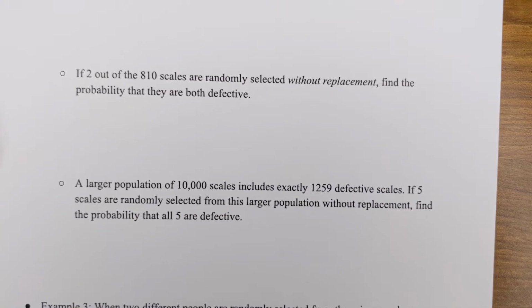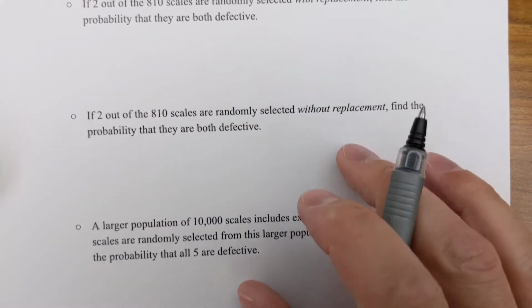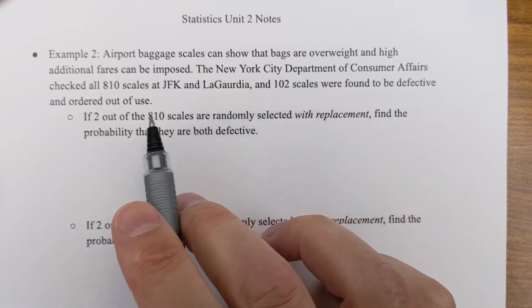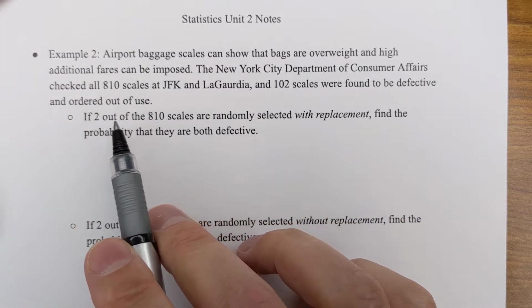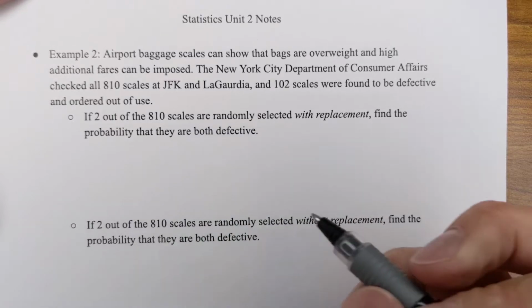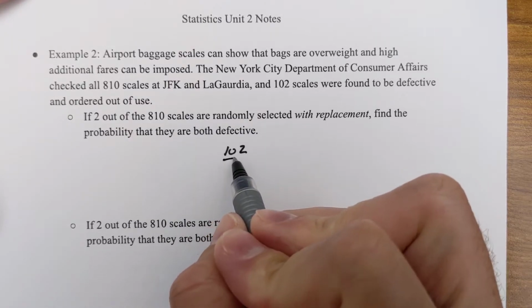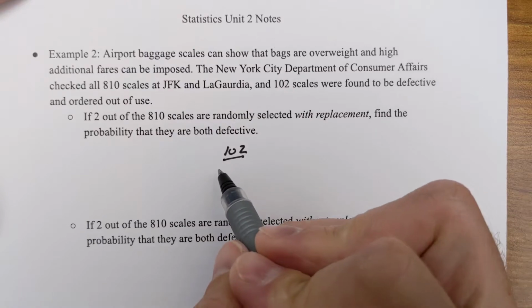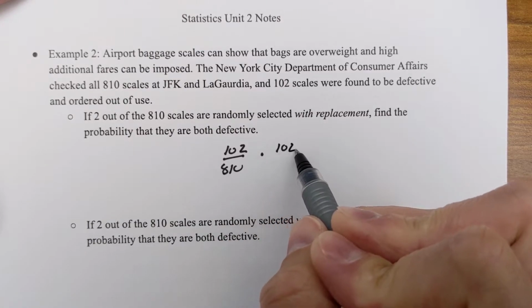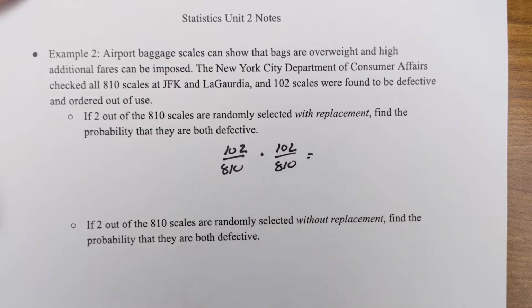Okay, so for example 2, we have 102 scales that were defective out of the 810. If 2 out of the 810 scales are selected with replacement, find the probability that they're both defective. So that's drawing the first scale, and then I put it back, so I still have 102 out of 810 each time.